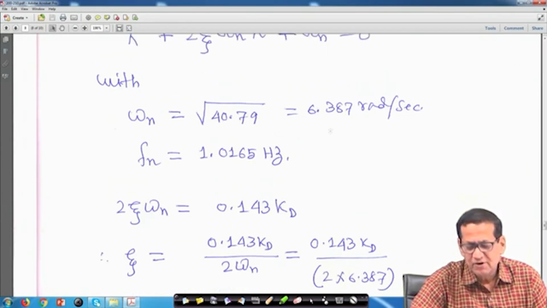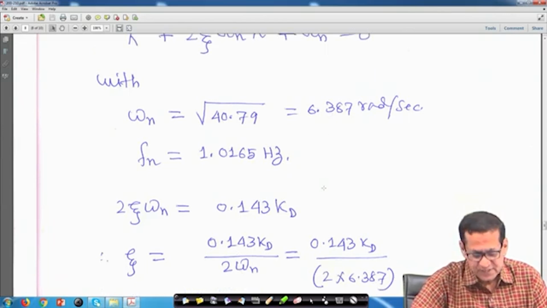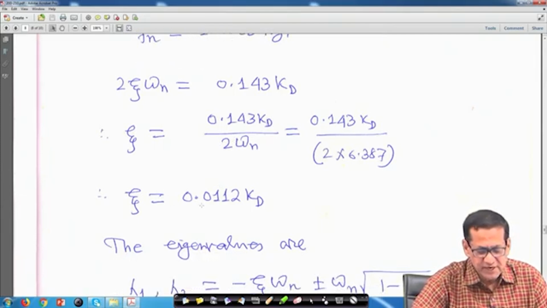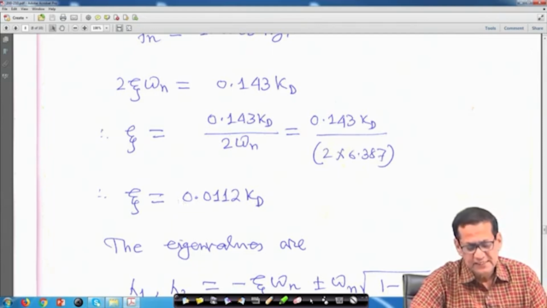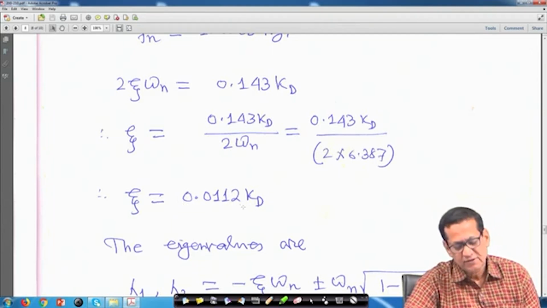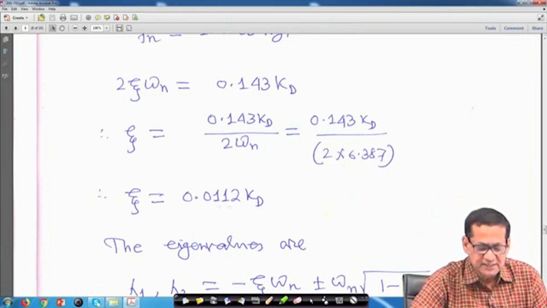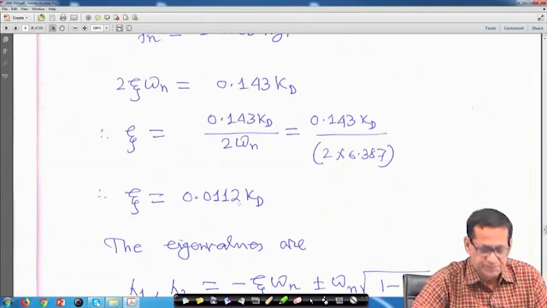With omega n as 6.387, xi is equal to 0.143 kd upon 2 into 6.387, which comes to 0.0112 kd. Now, if you put kd is equal to 10, xi will be 0.112, if kd is equal to 0, then xi will be 0, and if kd is equal to minus 10, it will be minus 0.112.